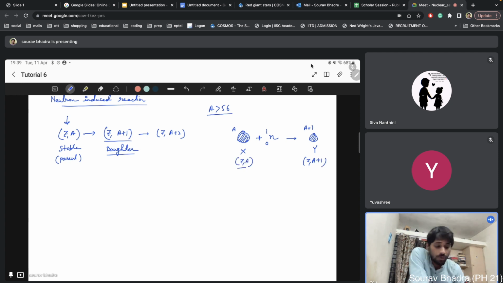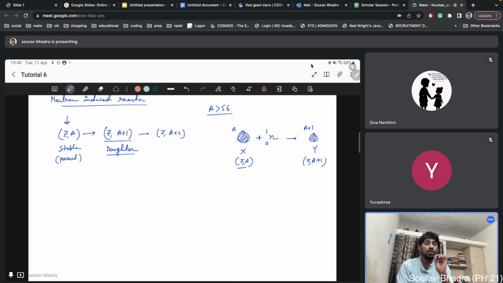Now depending on the stability of the product nucleus, it has been divided into two parts. This thing I have also told you in the CNO cycle, that whenever the product is unstable, it goes through a beta decay and gets stability. But if the product is stable, then there is no need of that beta decay, and it will just stay there and react with other elements, but no beta decay.